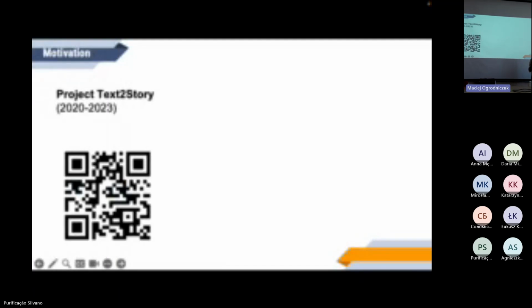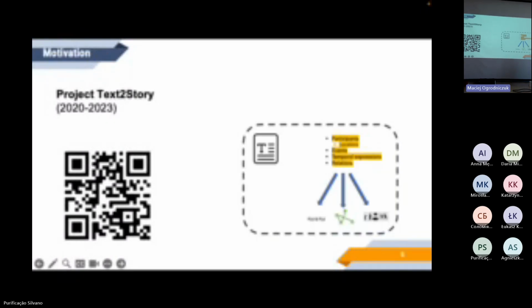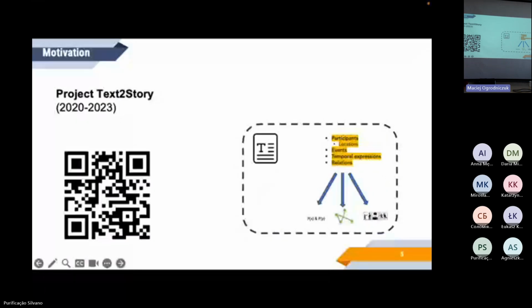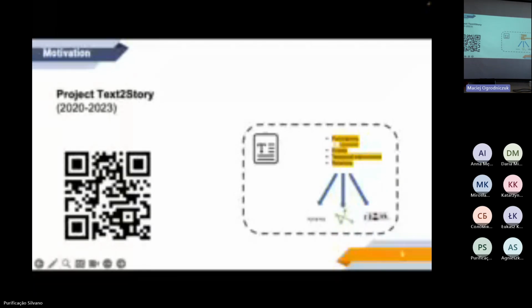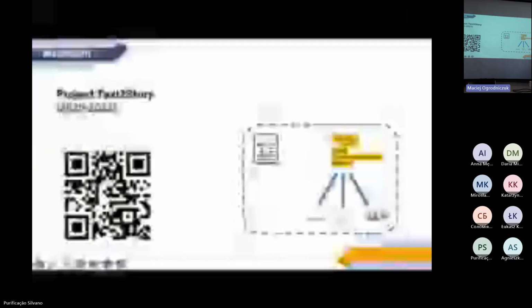The main objective of this project that our team started working on in 2020 was mainly to establish a data set, and then what we wanted was to extract the participants from the different narratives that compose the text from the data set, the events, temporal expressions, and also the different kinds of relations between events and also between the participants.